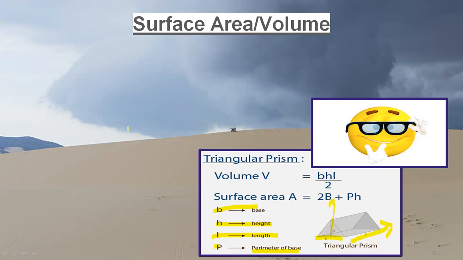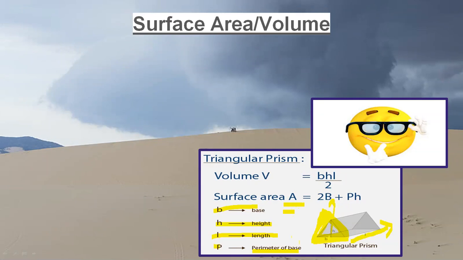Okay, so when we are finding the perimeter of the base, it means you have to add all sides together. You know about it, it's a perimeter. Okay, so how are we finding the surface area?